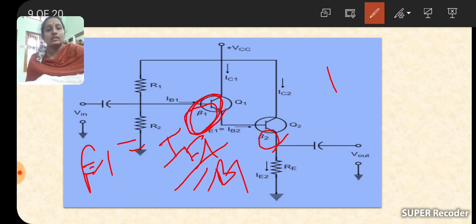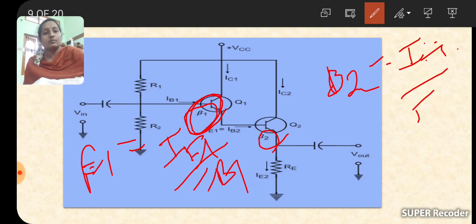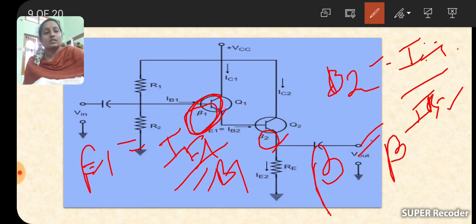Beta 2 is defined as the current gain of the second stage, so beta 2 is equal to IE2 by IB2. Finally, the whole gain is the product of the individual stages, so beta is equal to beta 1 into beta 2.